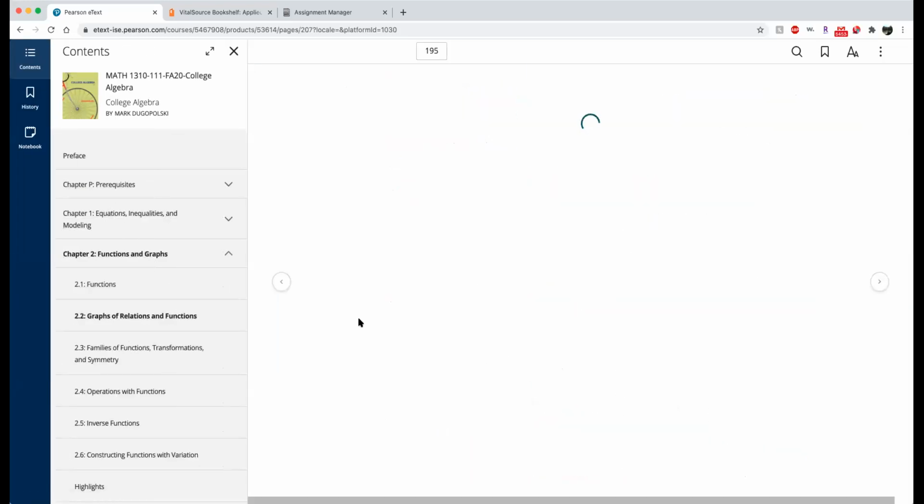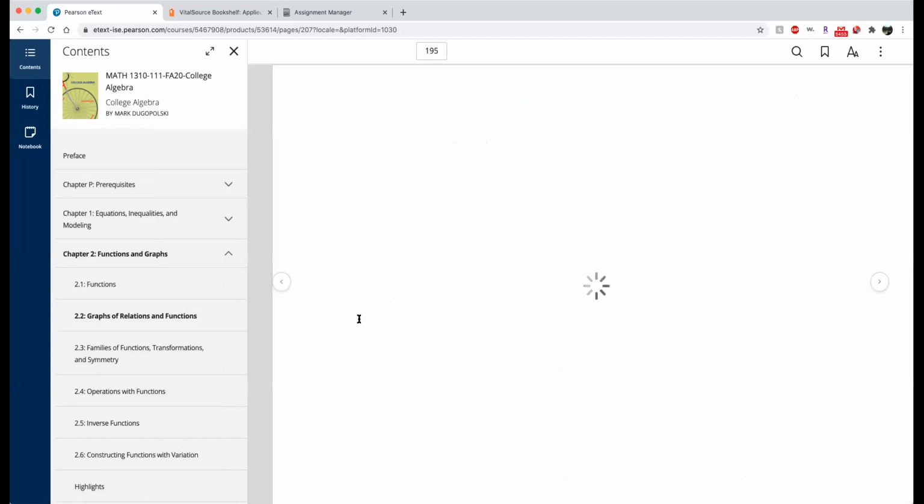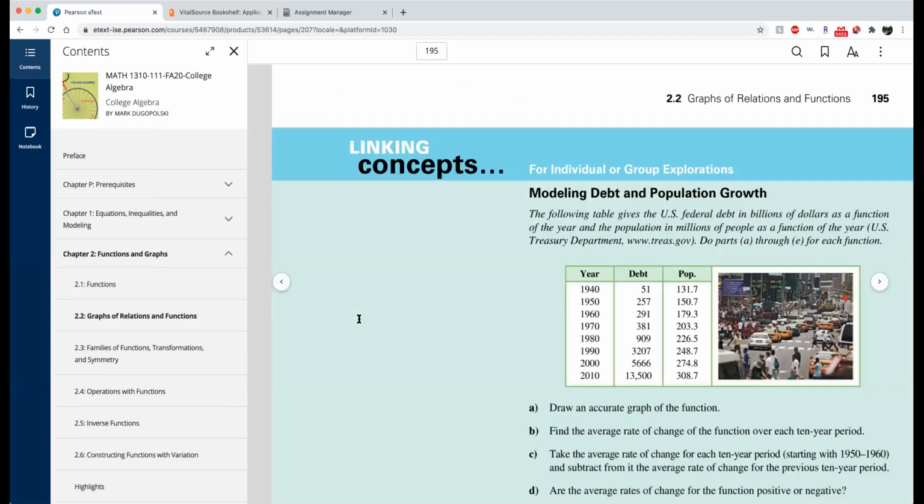In 2.2, we're going to see around 10 different types of graphs of functions.